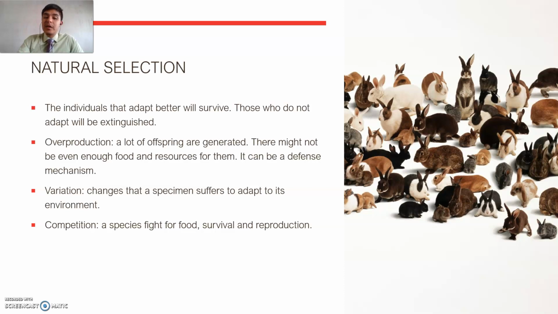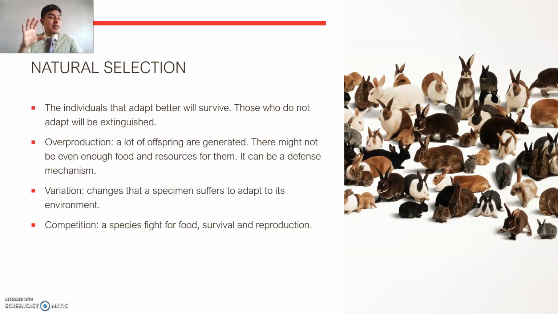Also, we have something called competition. Species fight for food, survival, and reproduction. So definitely in the wild, we are going to find what we know as alpha males. So let's think about a group of wolves. You know that in wolves, there is always going to be an alpha male, which is going to be the strongest wolf of all, and it's going to be the one that leads all of the group.